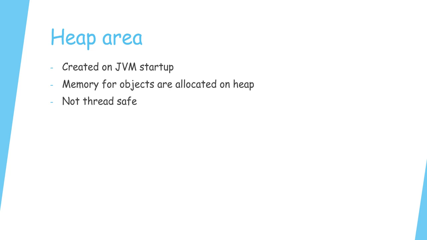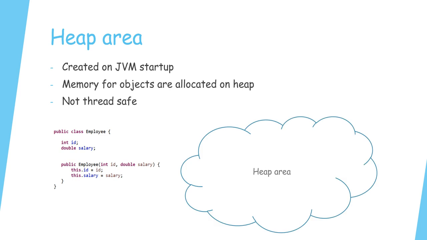Let's take one simple example here. Let's say we have this class Employee, and when we run this class, the heap area will be created. If we create one instance of Employee like this, employee1 is equal to new Employee, then the memory will be allocated for this object on the heap this way.